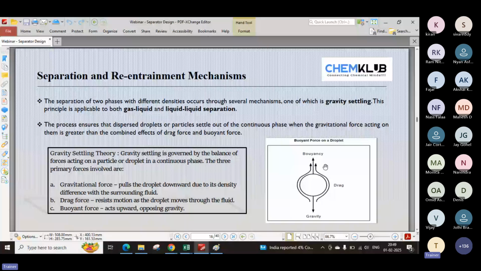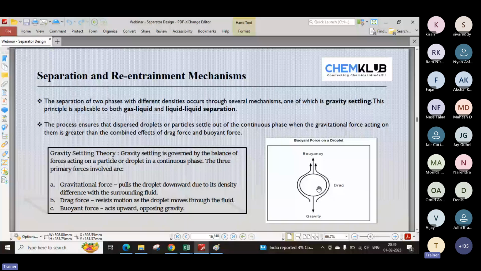At the same time, because the liquid particle has a density, it has a weight, and any weight tries to fall towards the earth. That's why it has a gravity force. So for this fluid to stay at the same height or in the same position, these forces, upward and downward, have to be balanced. Then only it will stay in this position.